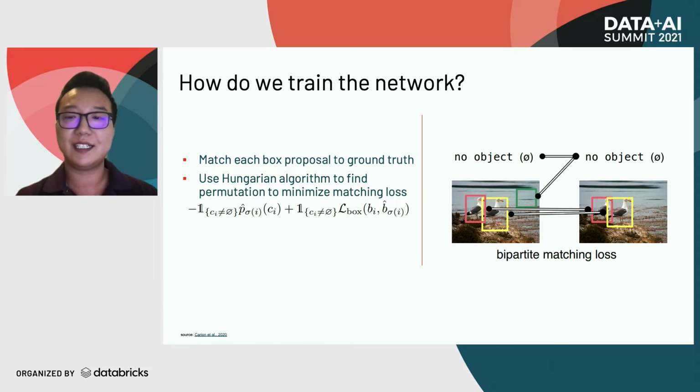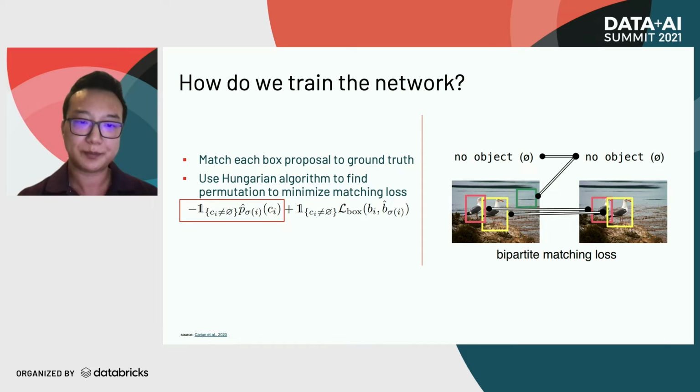Finding this matching is done by minimizing the loss that you see here, and the loss has two components. The first component is trying to maximize the class probability, so we want to match predictions that have very high probability assigned to the true class label.